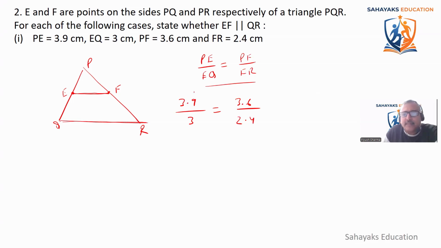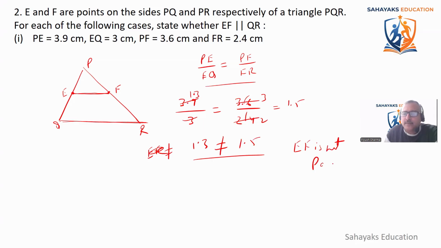So 3 13s are 39, and 12 2s are 24, 12 3s are 36. It becomes 1.5. So 1.3 is not equal to 1.5. That means EF is not parallel to QR in the first case.